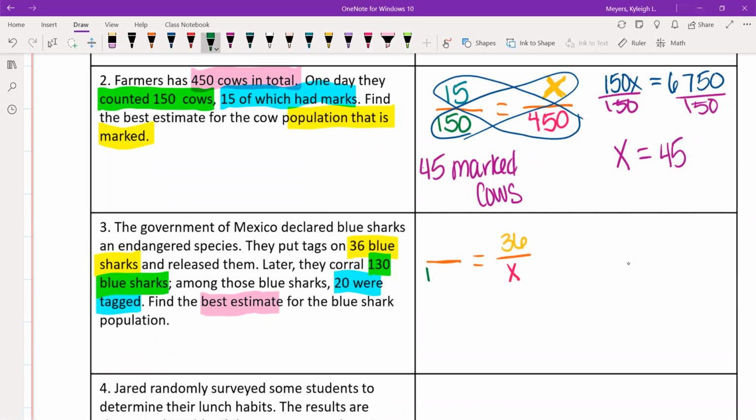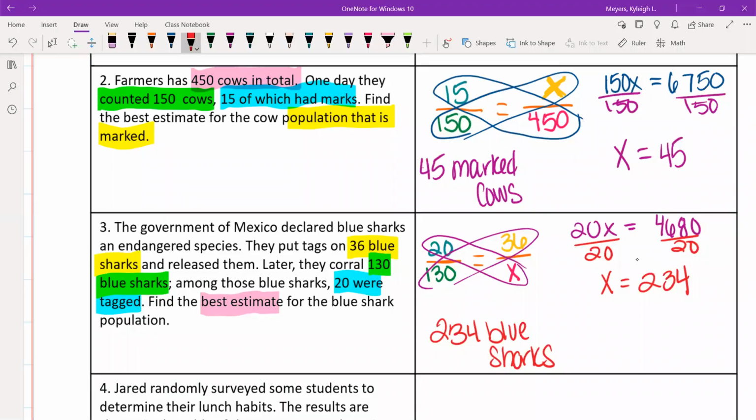Did you set your proportion up like this? If you did, then you're good. If not, fix your proportion and retry the problem. Pause the video again. Now that you fixed your proportion, check your answer. You should have gotten 234 blue sharks. If that doesn't make sense, check my work. Ask me questions in class.